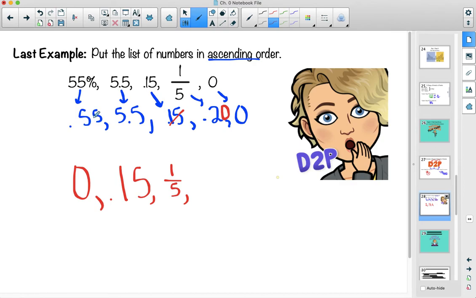The next number is 55 hundredths, which goes back to its original form of 55%. And the largest number up there is 5 5/10. So that's how we would do a problem like this. Change them all to decimals, organize them from least to greatest, and then don't forget to put them back in the original form.